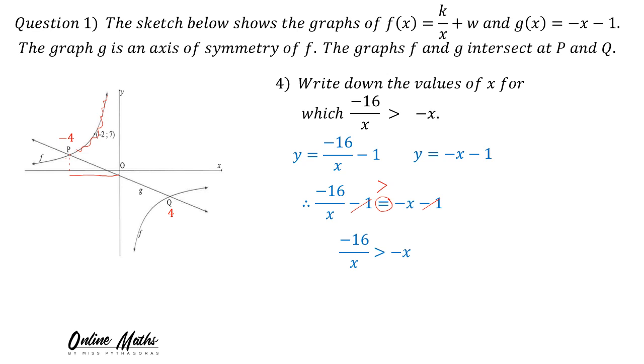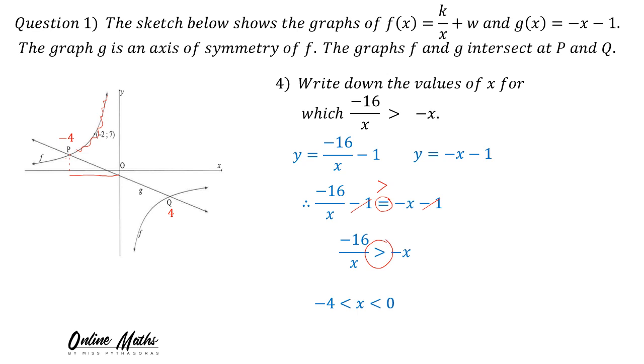And to write that in maths, you write it as x is smaller than 0 and x is greater than -4. And don't include 0, please not, that's where the asymptote is, and also not -4 because there was no equal sign.